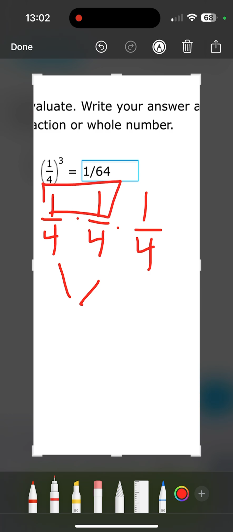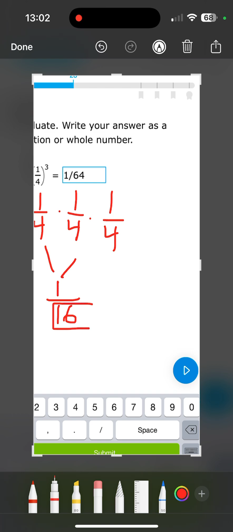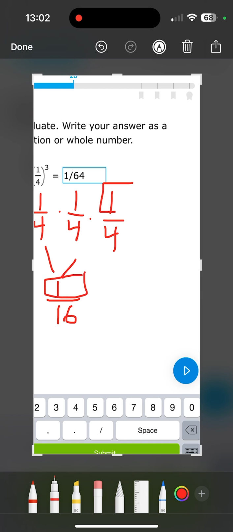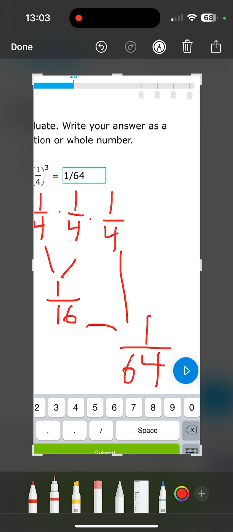And the numerators, of course, are going to just stay 1. So 1/16. And then again, denominators multiply here. Numerators are going to multiply. So 1 times 1 is 1. And 16 times 4 is 64.